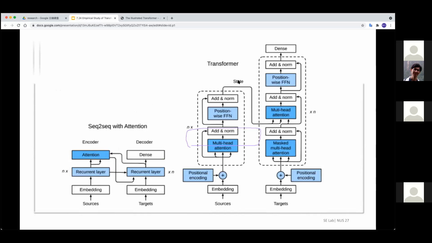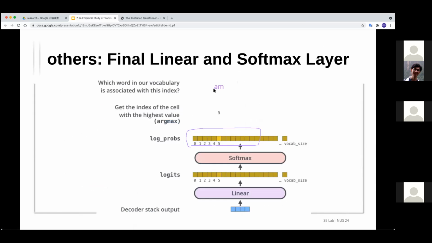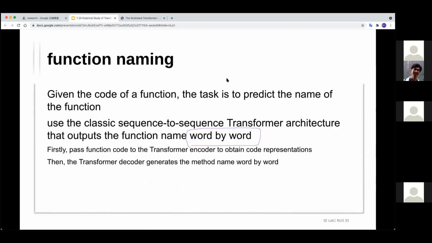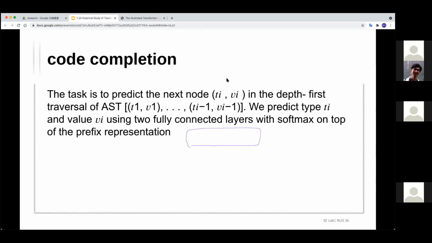Let me show. Yeah, that's here. That's the vocabulary size of function names, and he will show which word is for this function. Okay.